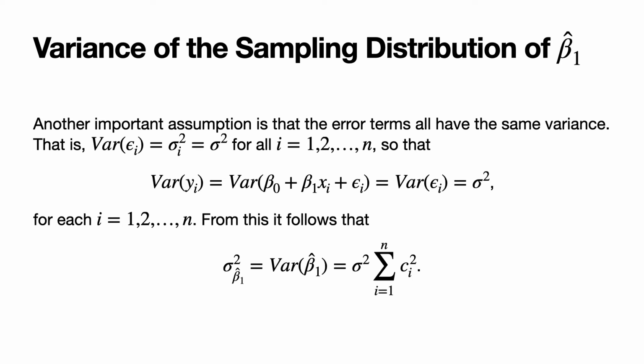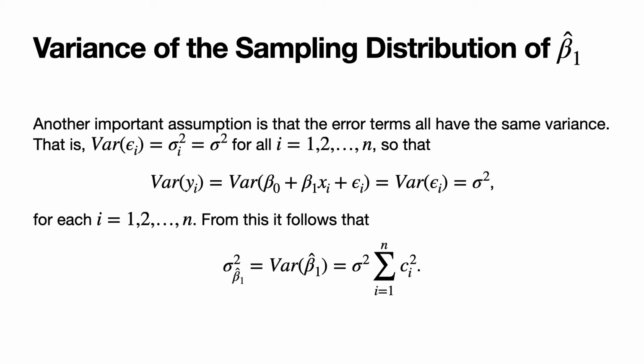And so the variance of y sub i, again using properties of variance, is equal to the variance of the error terms. So variance of y sub i is equal to the variance of epsilon sub i, and because of this underlying assumption, that is equal to sigma squared for each i going from 1 to n.